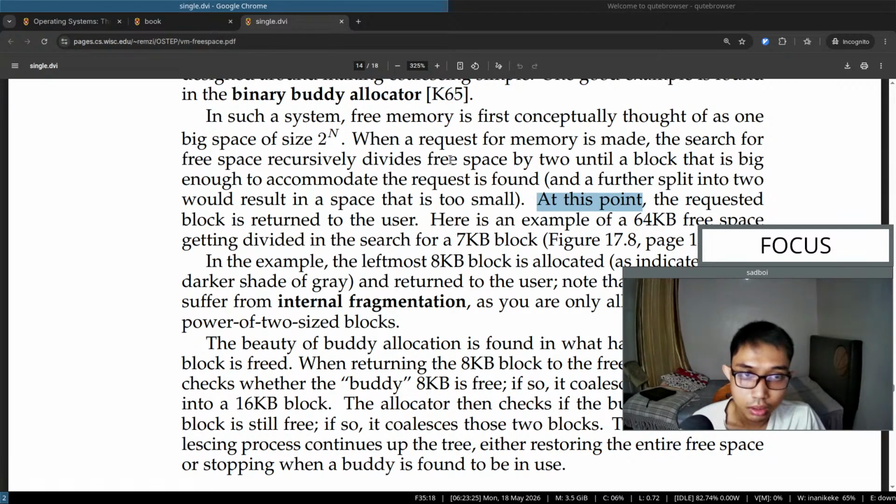So does that mean the condition is that when we divide free space by 2, we will get the location that can accommodate the request, and then if we divide that again, the space would be too small?